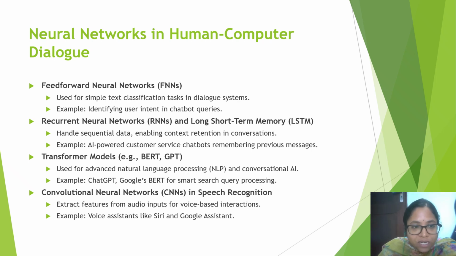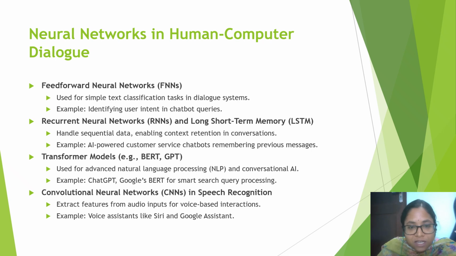Feed-forward neural networks are used for simple text classification tasks in dialogue systems. Example: identifying the user intent in chatbot queries. For simple text classification, the accuracy of feed-forward neural networks will be higher, so for a simple classification it's better to go for feed-forward neural networks.